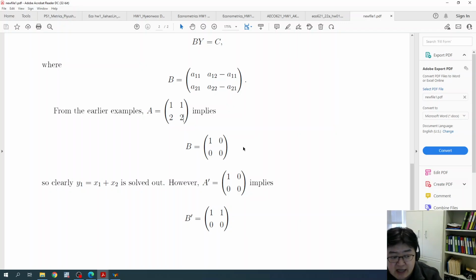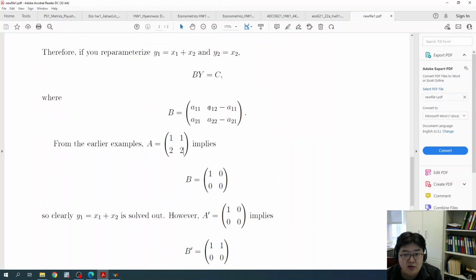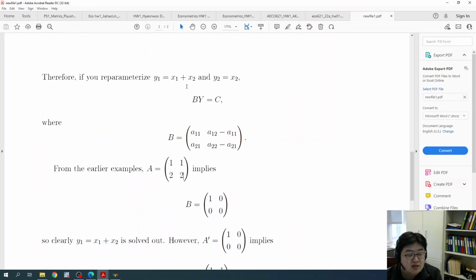So this shows that you cannot identify one of them, but you may still be able to identify something which is a linear combination of multiple variables. That's what multicollinearity is, right? In multicollinearity, you cannot distinguish between x1 and x2.